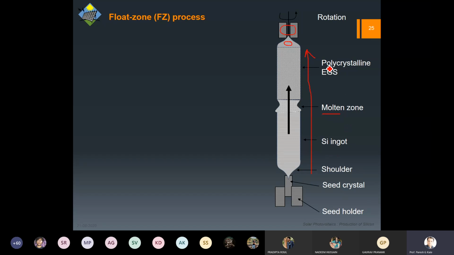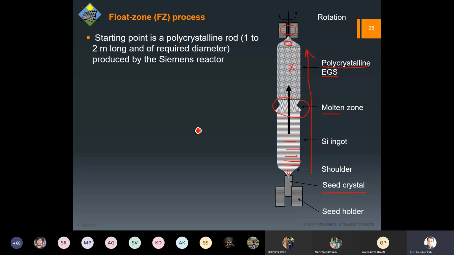You have this polycrystalline EGS, which is obtained after state 3, and then you locally melt the silicon, and during this the impurities are driven away, and then you cool it with rotation and other cooling arrangements. And then what you get is, here is the seed crystal, everything now in an arranged pattern, whereas here it is not in an arranged pattern. So the polycrystalline rod is converted.